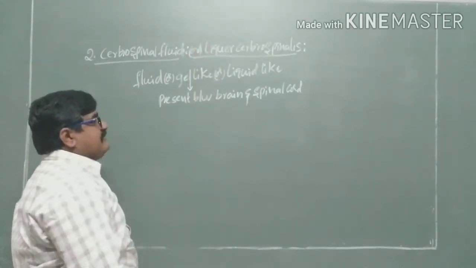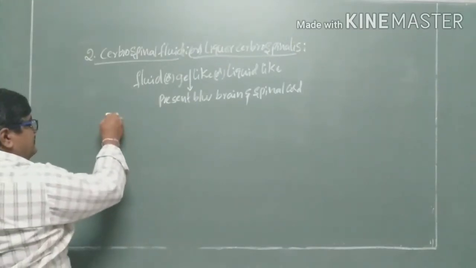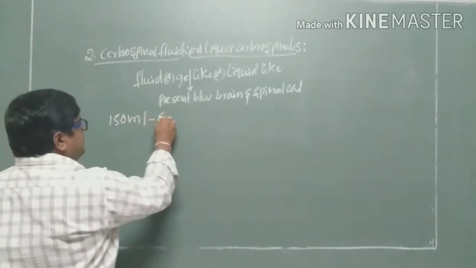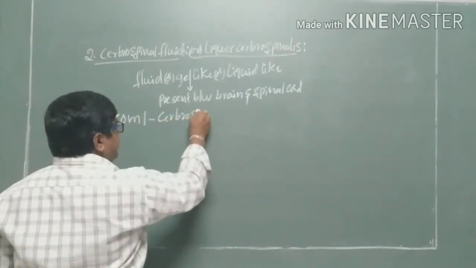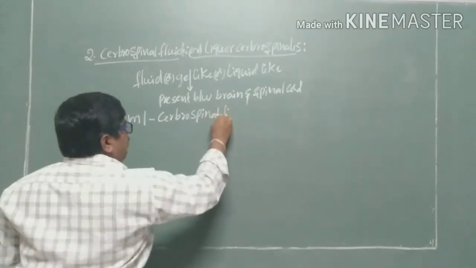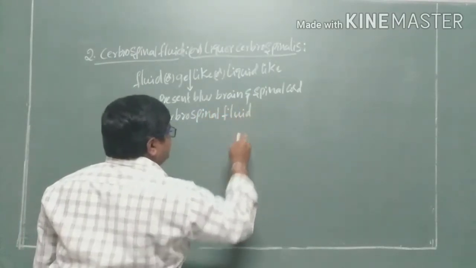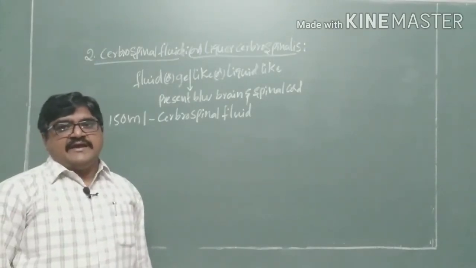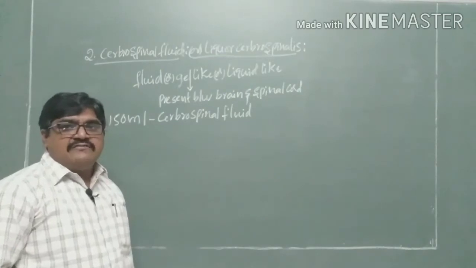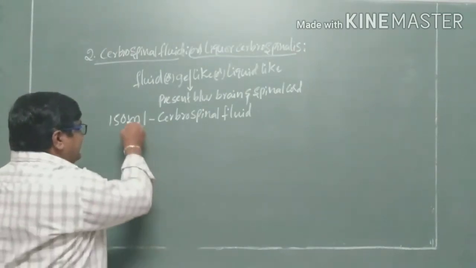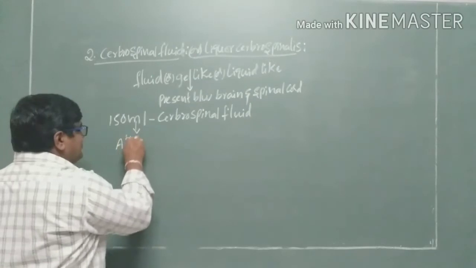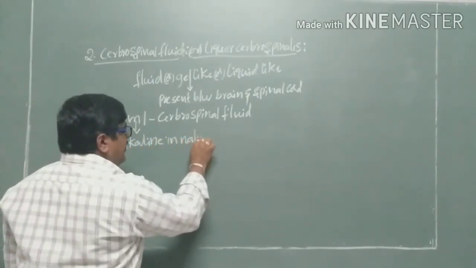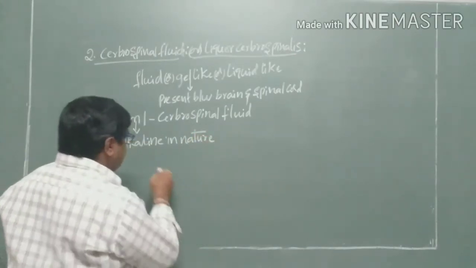In our body, there is 150 ml of cerebrospinal fluid, and it is alkaline in nature.